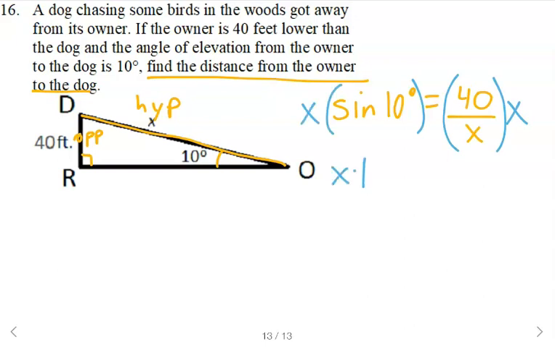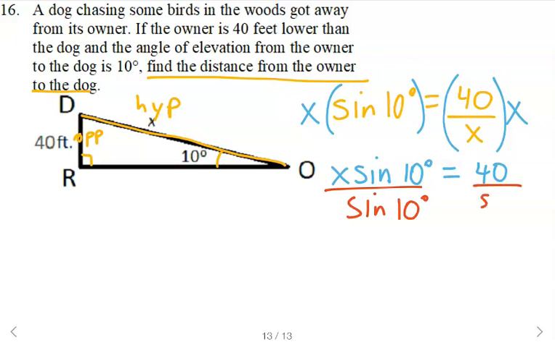So we'll have x sine of 10 degrees equals 40, and then divide both sides by the sine of 10 degrees. So these will divide out to 1, and so we're just left with x equal to 40 over sine of 10 degrees.